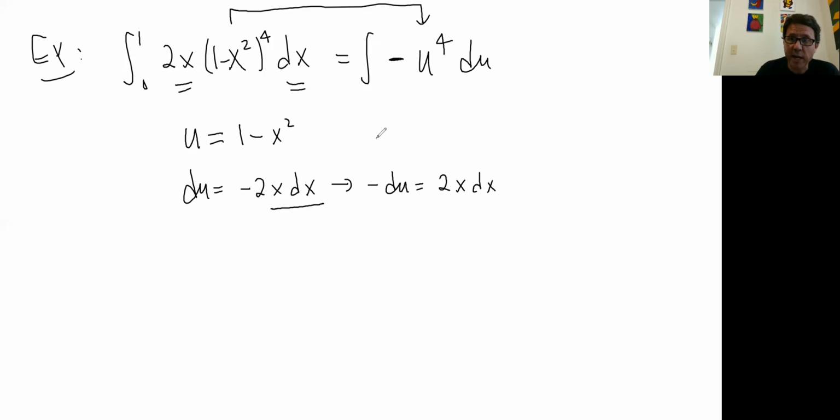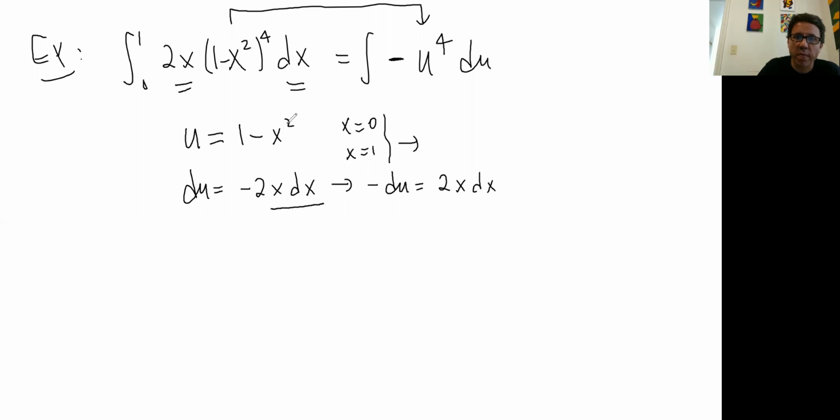But then, just to practice, if I change these numbers, these are x numbers, what do I get when I change them to u numbers? The bounds are x equals 0 and x equals 1.